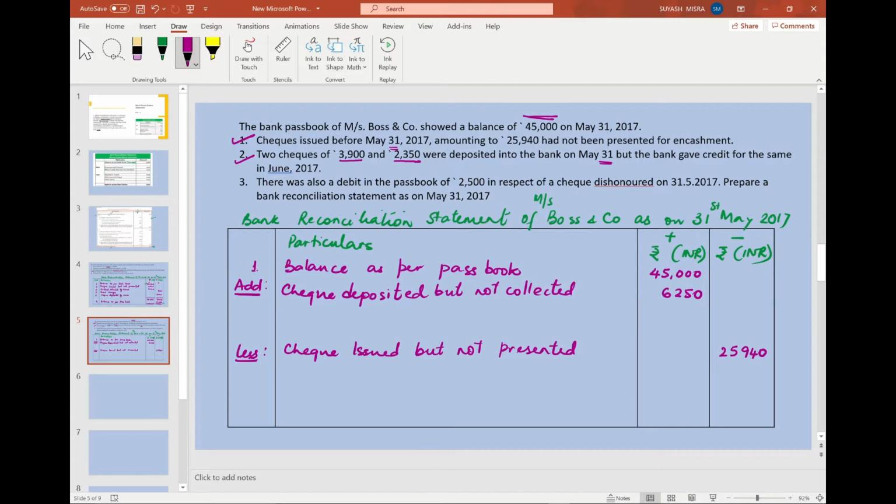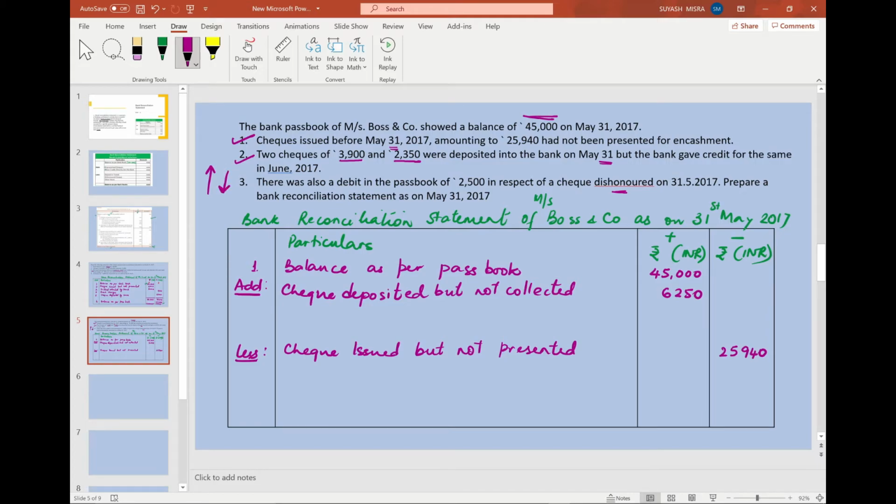Third one, there was also a debit in the passbook of 2,500 in respect of check dishonored. That means we had received a check, it was dishonored by the bank. So what are we going to do for this? When it was dishonored, my book of accounts, that means my cash book, was showing more. But the passbook is showing less by 2,500.